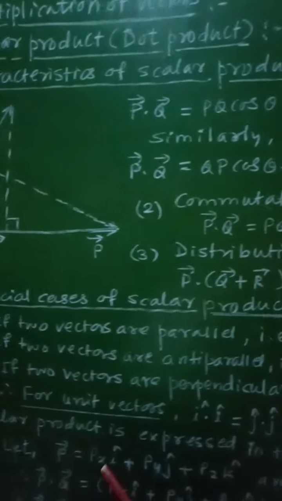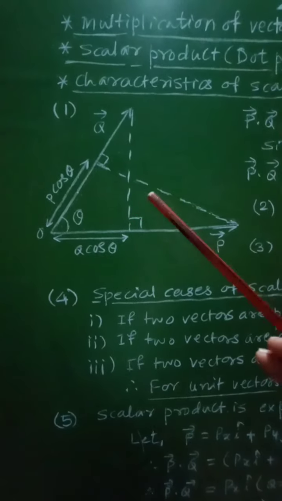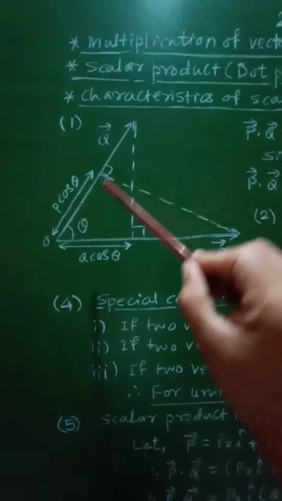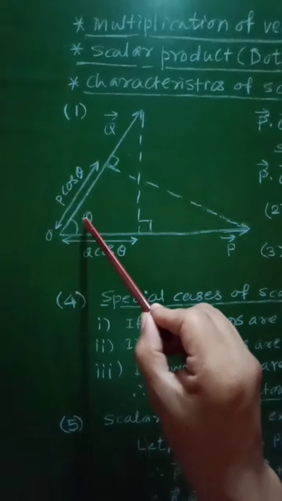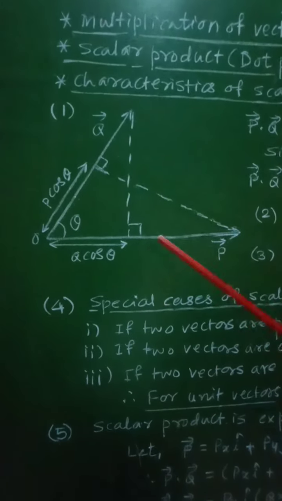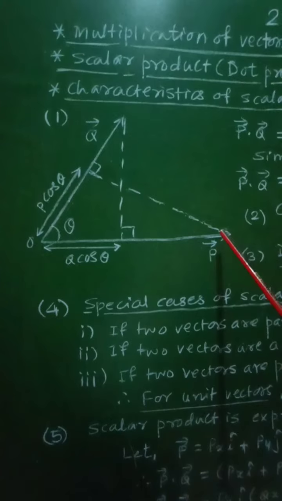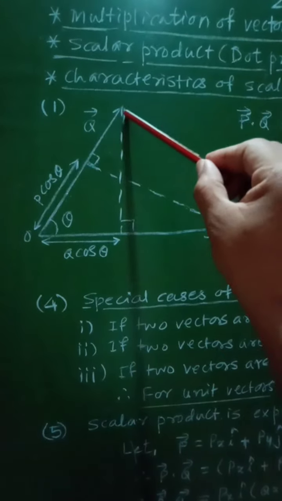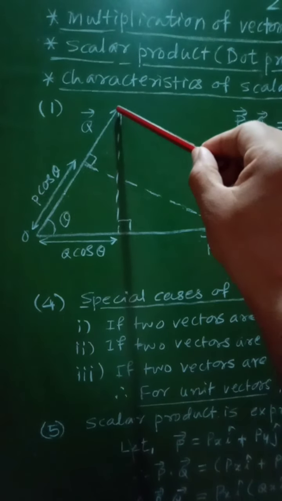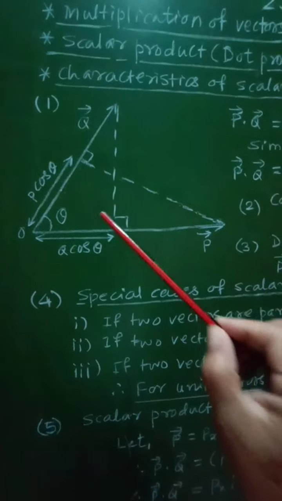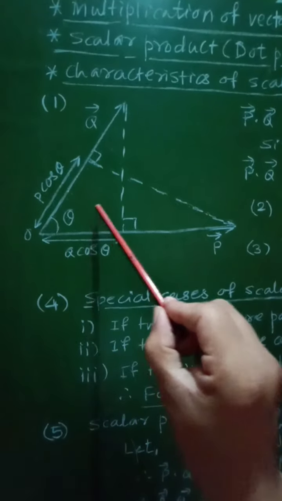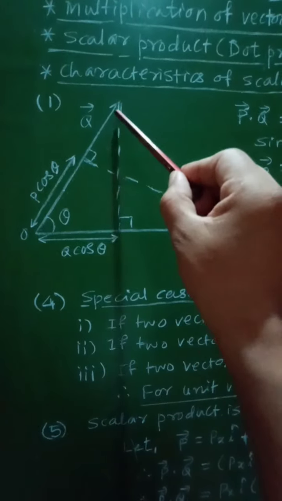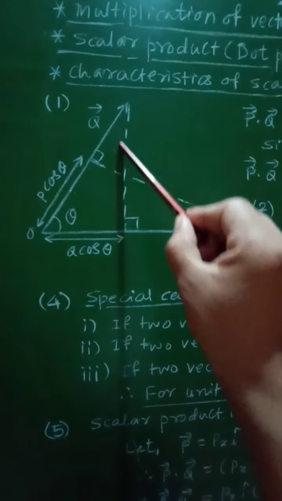In order to explain this characteristic, let us consider two vectors, vector p and vector q, inclined by angle theta. Now let us draw a perpendicular from the endpoint of vector p on vector q. Similarly, a perpendicular from endpoint of the vector q on vector p. Then we will get these two right angle triangles. Let us consider first this right angle triangle.